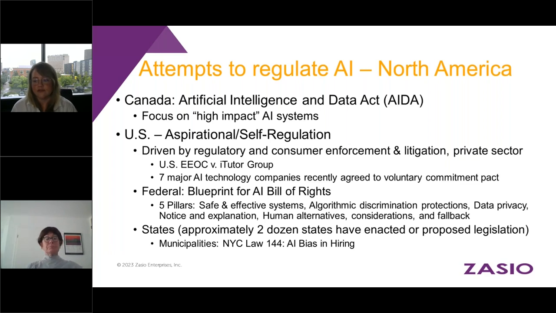As far as codified legislation, currently there are around 24 states that have enacted or proposed legislation, including New York City, which just put a law on their books that came into force this year, prohibiting AI bias in hiring, which seems to be a theme that we're seeing as far as some of the negative implications for AI and how it's being used currently.